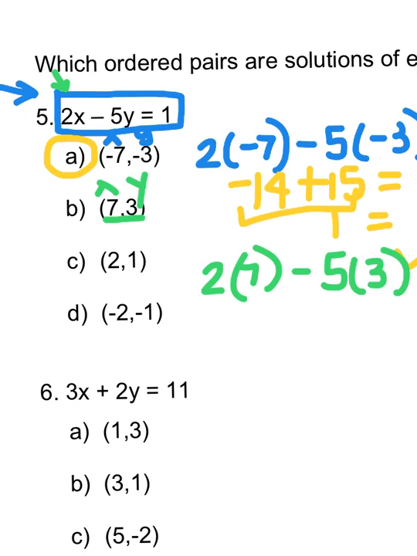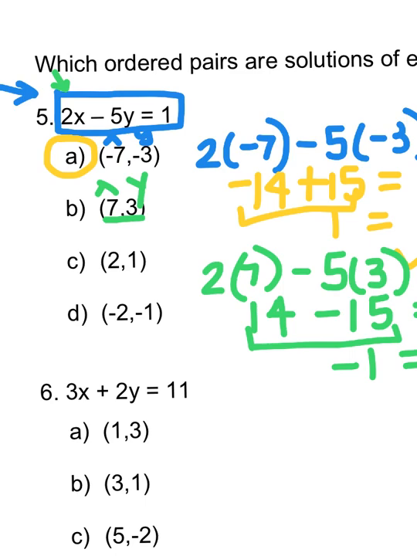If that equals 1, then it's true. So this is 14 minus 15 equals 1. Well, 14 minus 15 is -1. Therefore, it is not a true statement. Since it's false, it is not a solution to the equation.